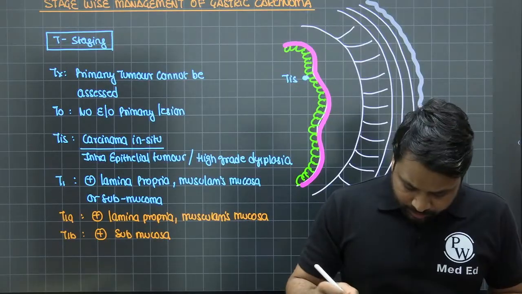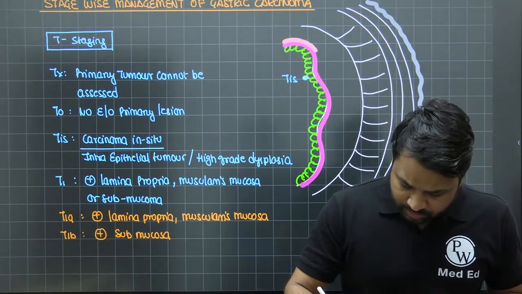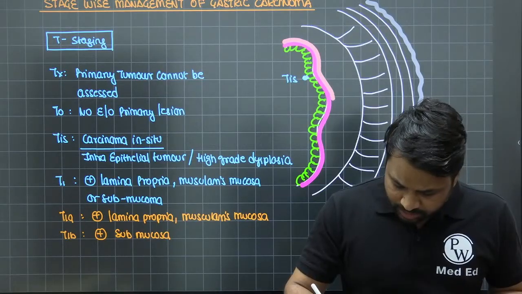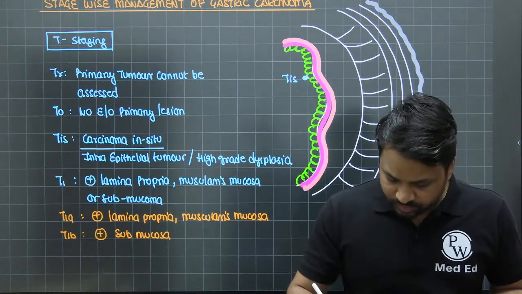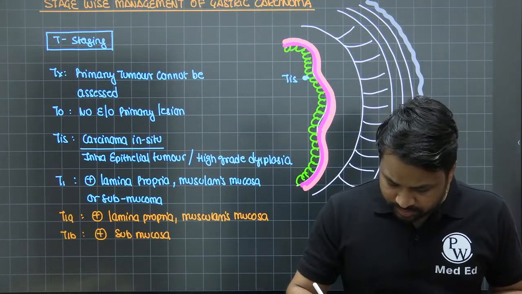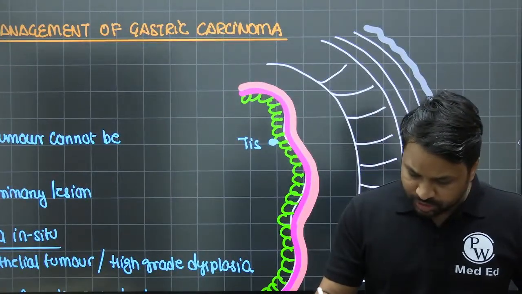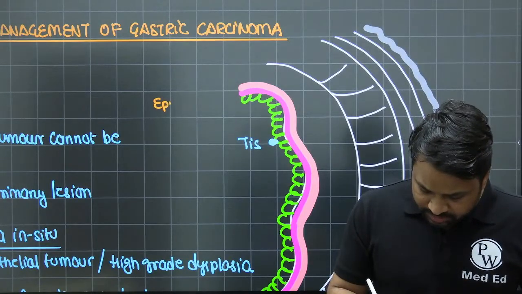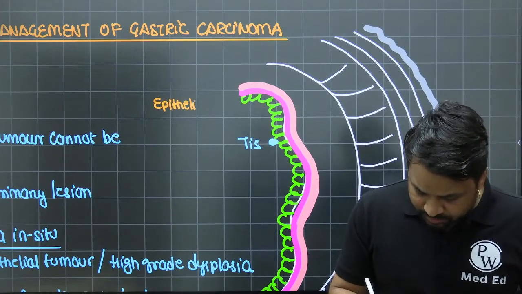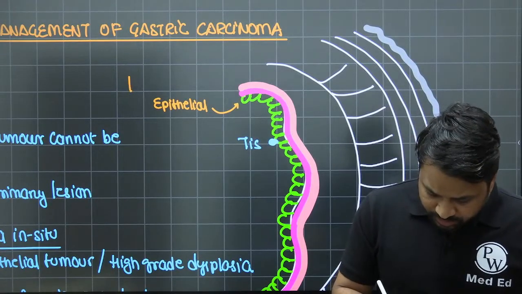Under the lamina propria, you have the muscularis mucosae, and beneath this, you have your submucosa. This is the epithelial surface. Then you have the lamina propria.